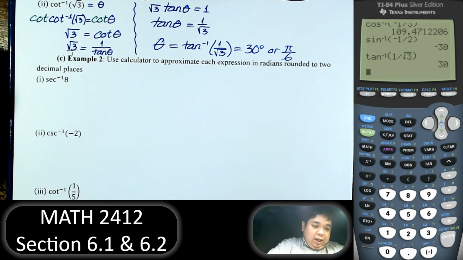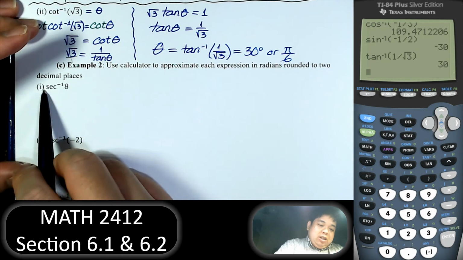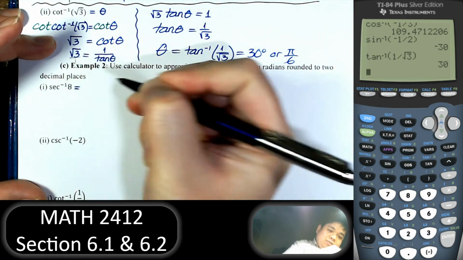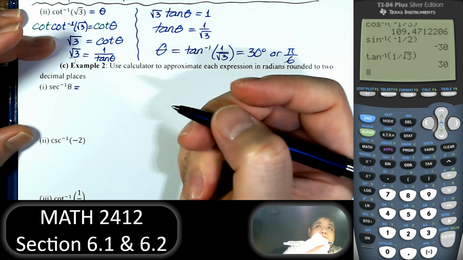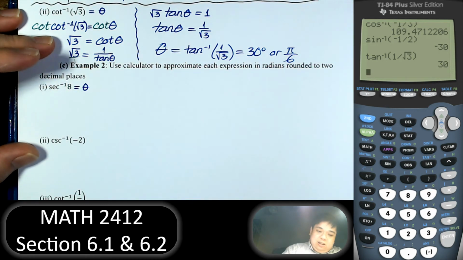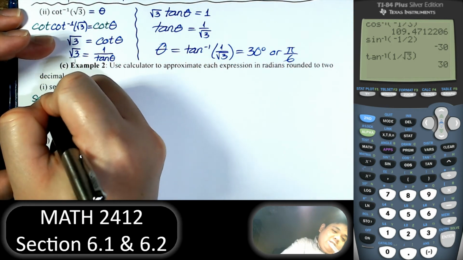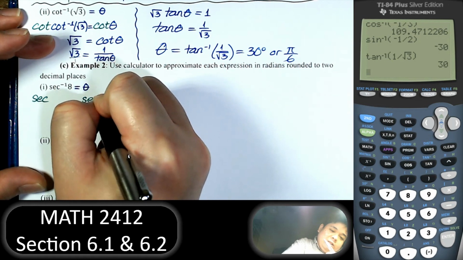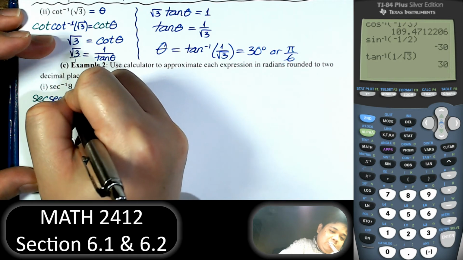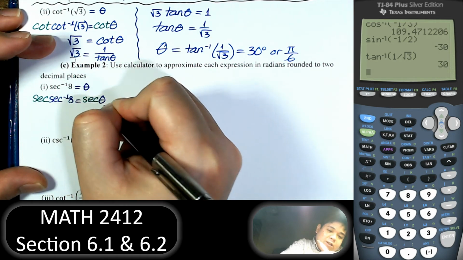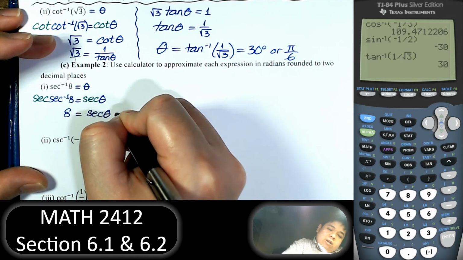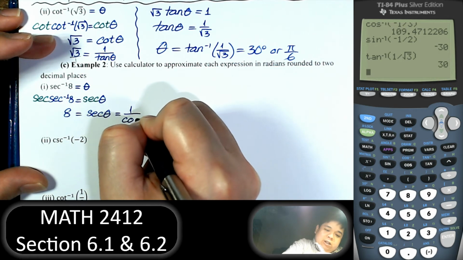Now talking about the calculator, how do we do this in the calculator? Well, similarly as before. If we don't know what it is, make that equal to theta and then cancel the secant inverse. So 8 equals secant theta. Secant is 1 over cosine.